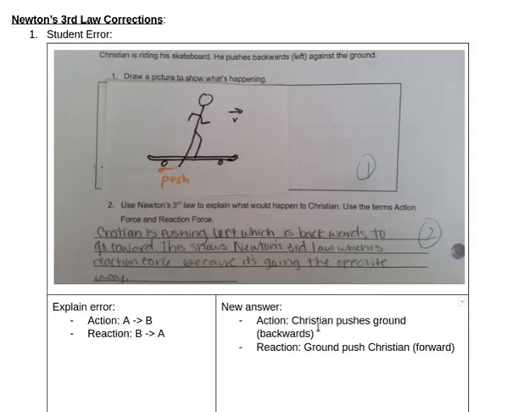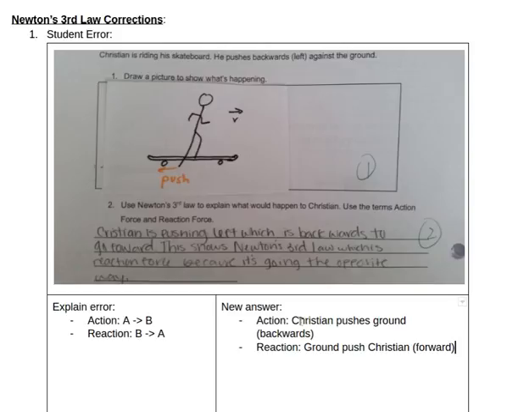Notice here how you have to identify what are the two objects that are at play now. There will never be an answer to a Newton's third law question asking about action and reaction where there's only one object. For example, I've seen a lot of students say action force is Christian pushes on the ground, and then the reaction is Christian moving forward.